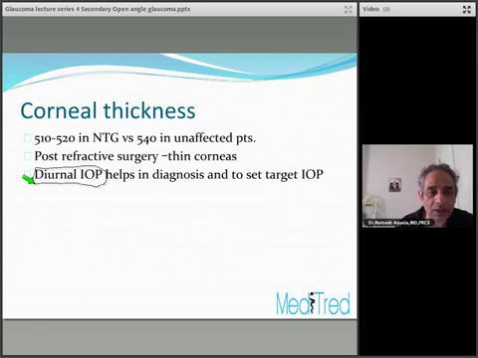But typically in all of these normal tension glaucoma patients, I like to do a serial tonometry, wherein I ask the patient to come first thing in the morning around 7 o'clock, and then every 2 hours from then on for the rest of the day, I like to check the intraocular pressure. End of the day, I'll look at the graph and then set the target intraocular pressure based on it.